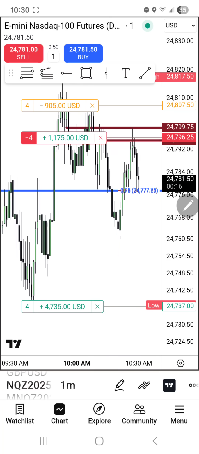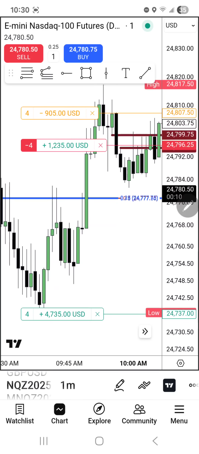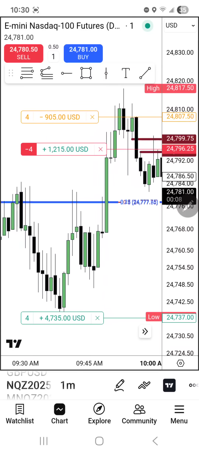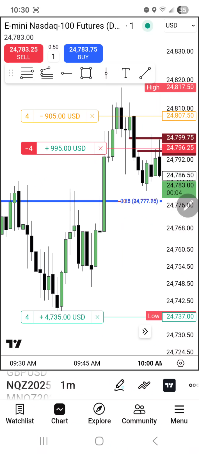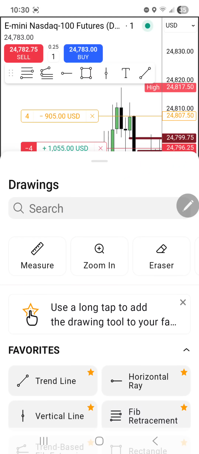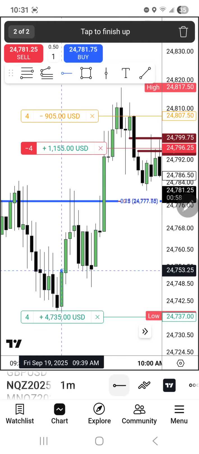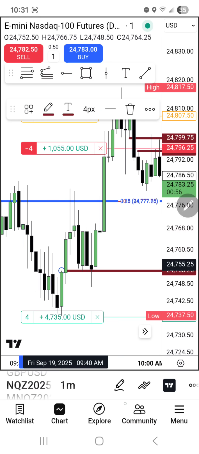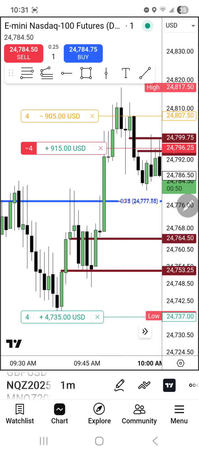Now, for those of you that are students of my first presented fair value gap, that is there.